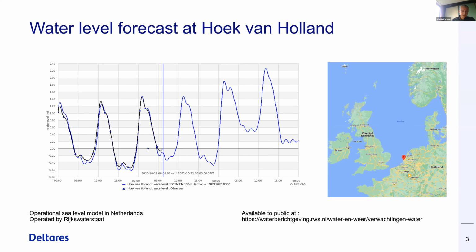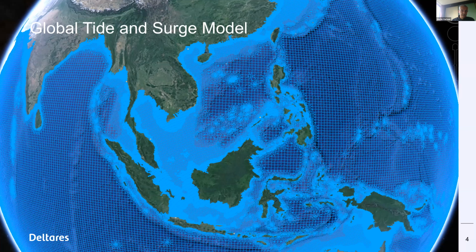I just wanted to use this as an introduction because a lot of this is working on a national level. It's organized by national governments here in Europe, and I guess in many places around the world. But for some studies, it's also useful to look at this from a global perspective, and that's true for 2 reasons.